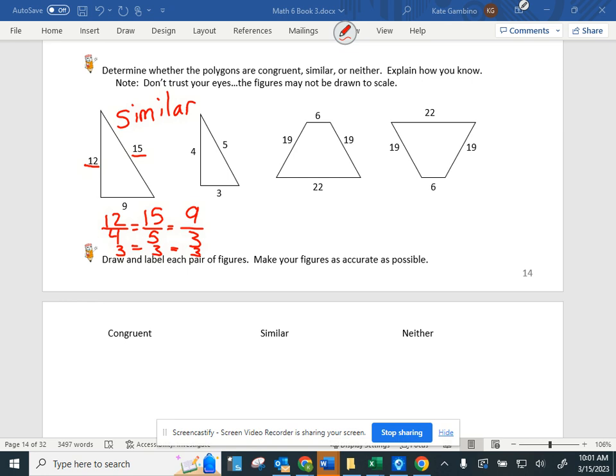You don't have to say over; the technical term is flipped. Even though the shape is flipped, it's still the same shape. Because all of our measurements are the same, we can say it is congruent. So you do have to look, it might be turned, it might be flipped, it's still congruent.